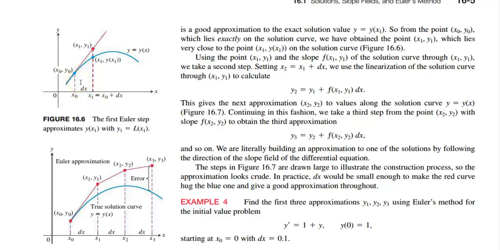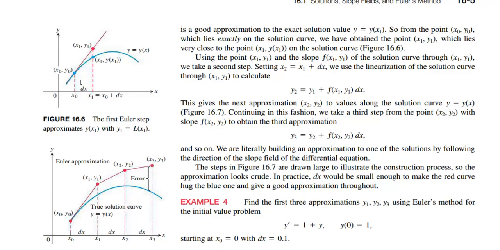Using the point x1, y1, and the slope f of x1, y1 of the solution curve through x1, y1, we take a second step there. If x2 equals x1 plus dx, we use the linearization of the solution curve through x1, y1 to calculate y2 is y1 plus f of x1, y1 dx.